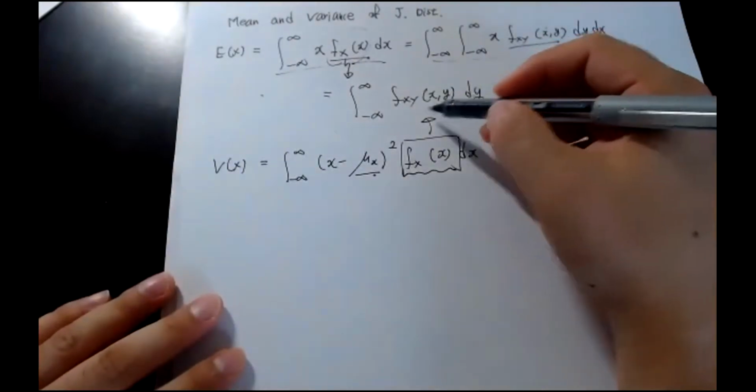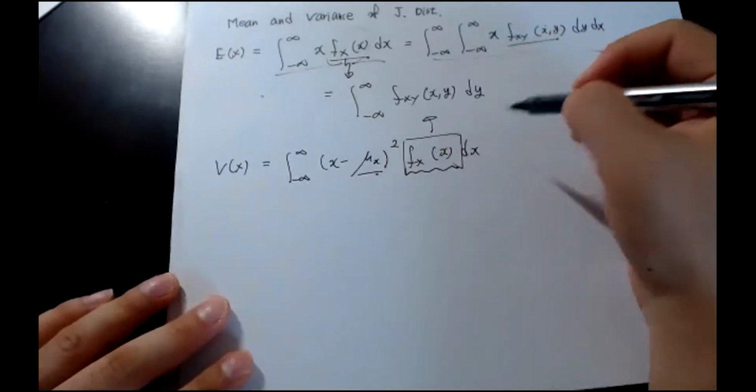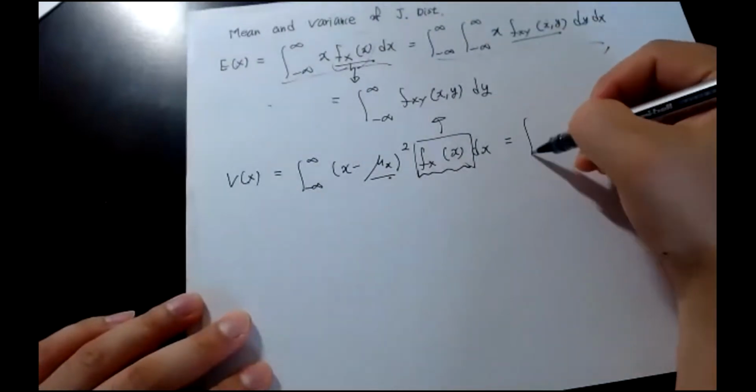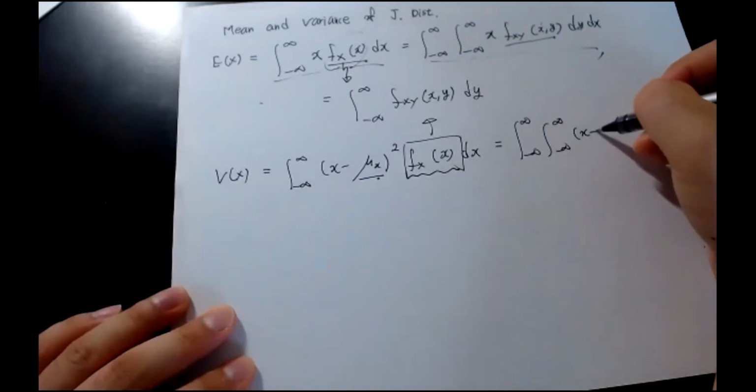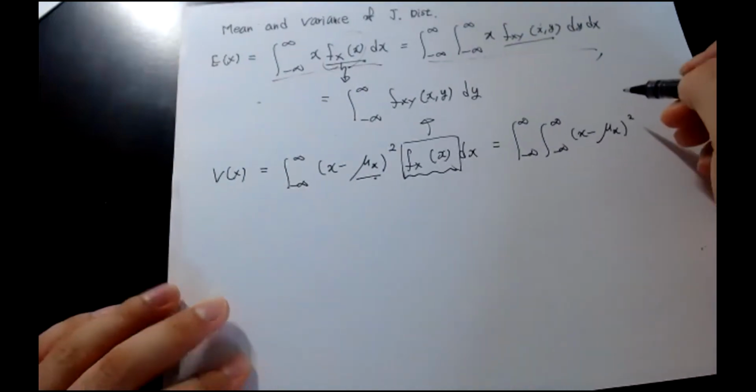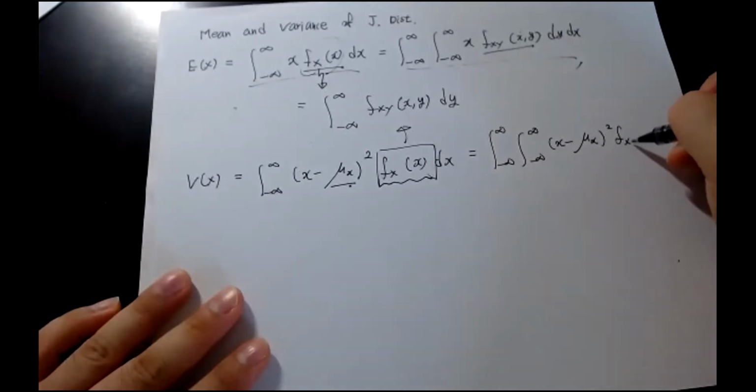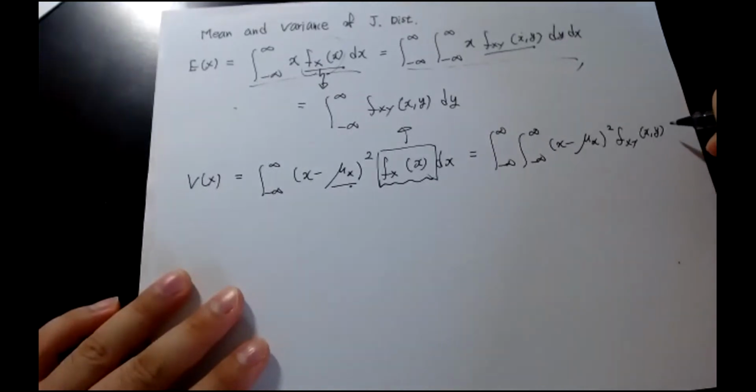So plug that integral in here, and you get the double integral from negative infinity to infinity of (x minus mu_X) squared times the joint PDF f_XY(x, y) dy dx.